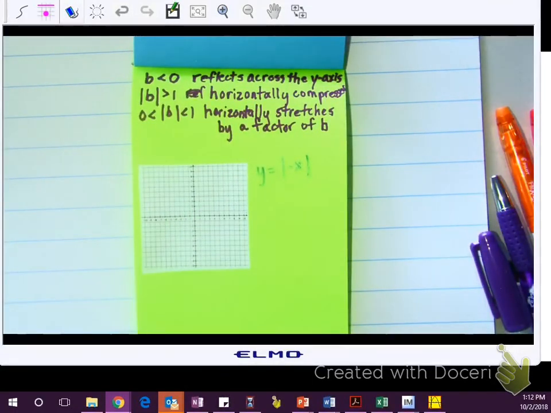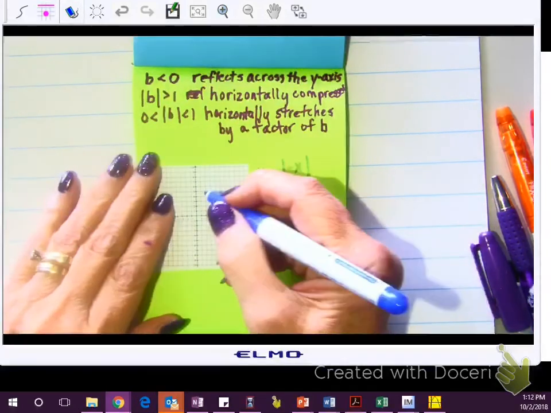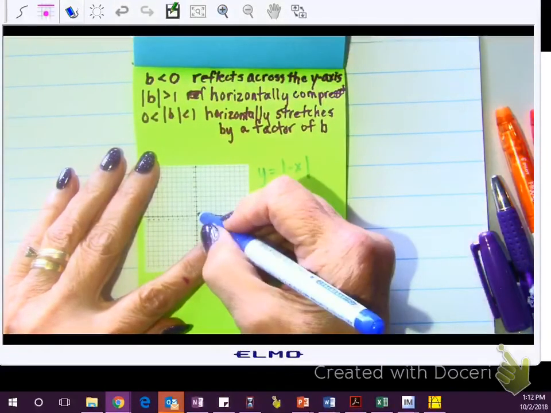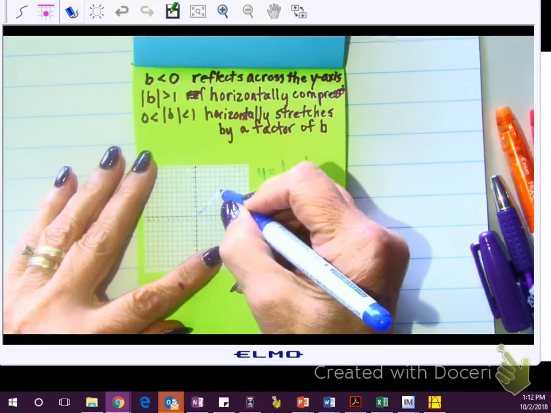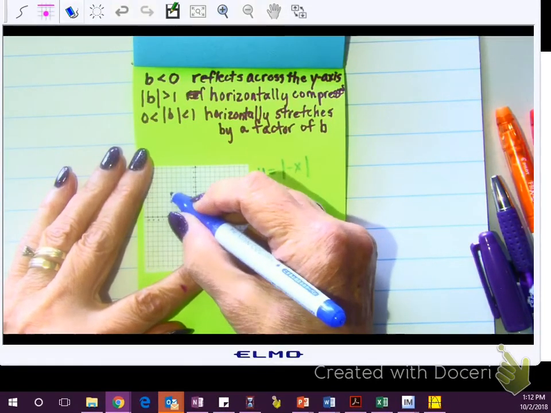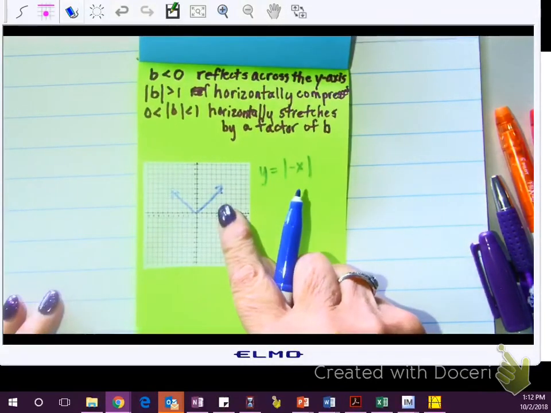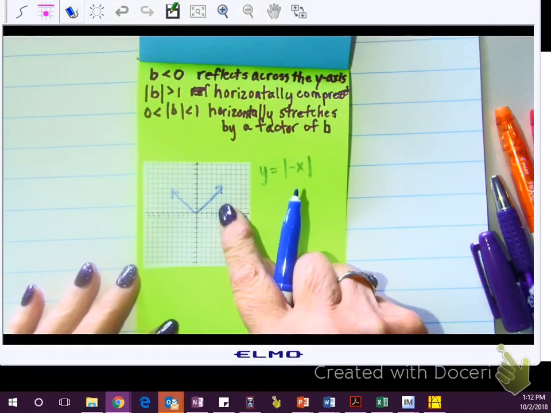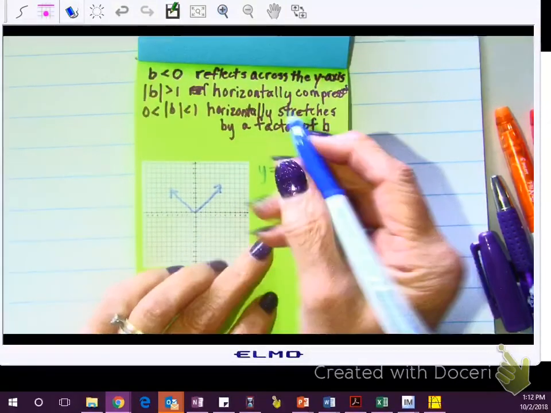Now, the thing about this one is if this isn't moved left or right, you can't tell the difference. So it would be better if I gave you one that was shifted. Because it looks the same, right? Just like a parabola if you reflect it across the y-axis.